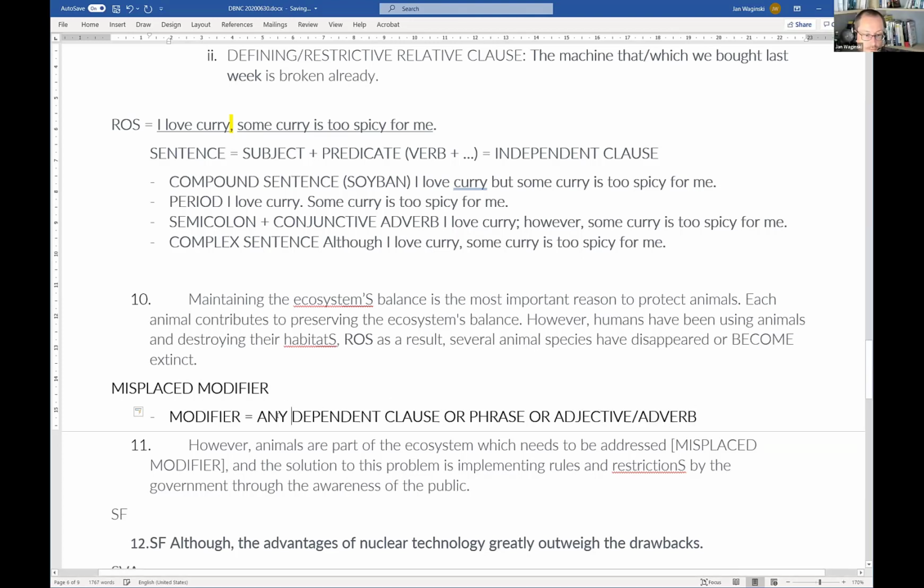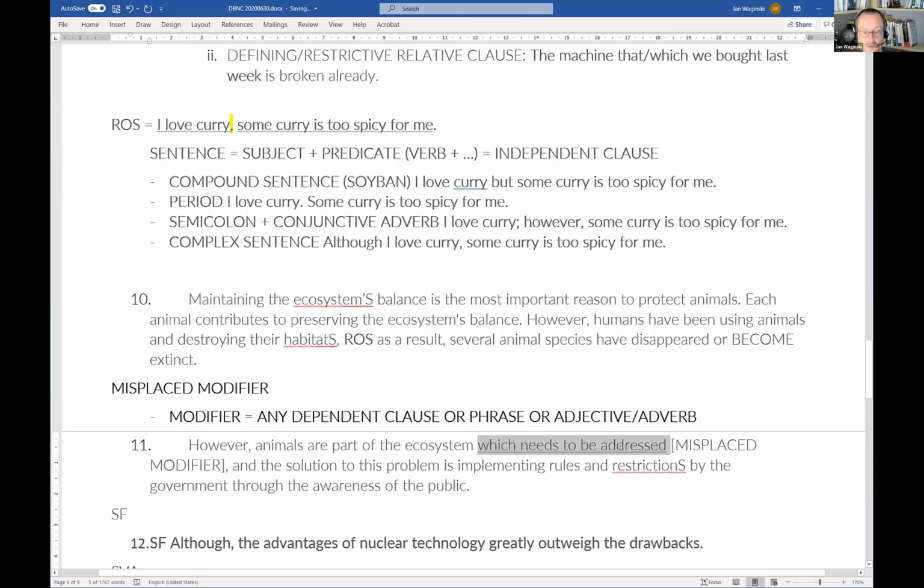It's a very general word. So any kind of dependent clause, we can call a modifier. Any kind of phrase, like in the morning, after work, is a modifier. Adjectives, adverbs, they're all modifiers. A misplaced modifier, in this case, we're talking about a relative clause.